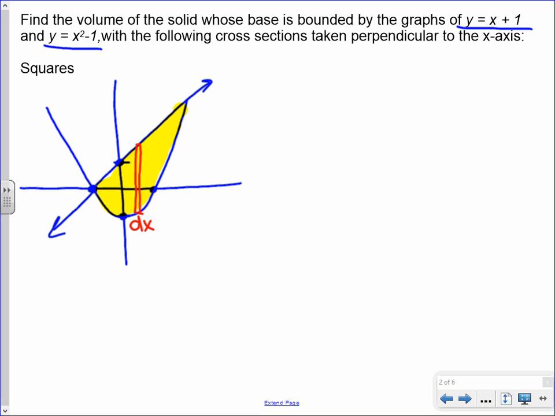Okay. Okay, so this is our base right here. How do we figure out how long that base is? How long is that rectangle that we drew?